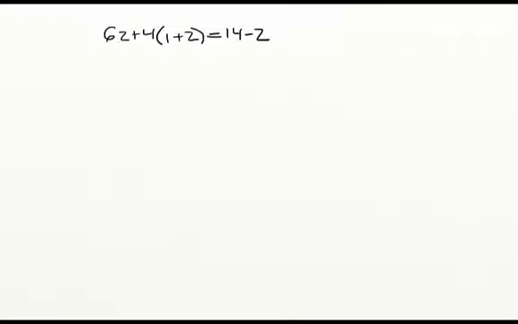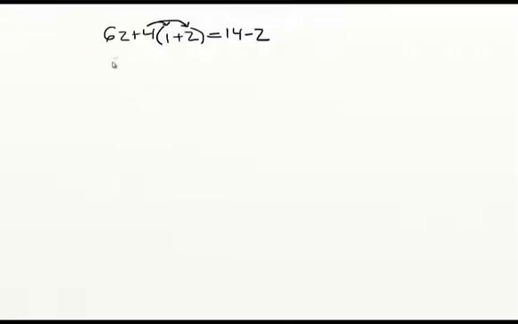So here we have a linear equation, but we have the variable z showing up on both sides of the equation. And we also have this 4 times the quantity 1 plus z, and we're probably going to want to distribute this 4 first to make our equation simpler.